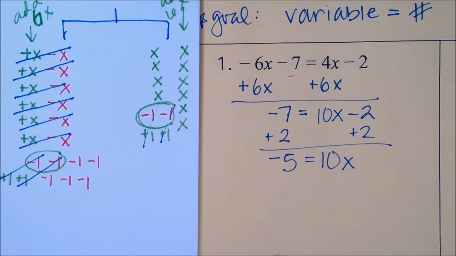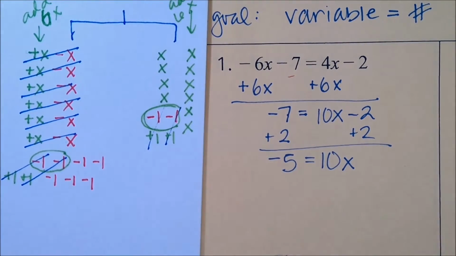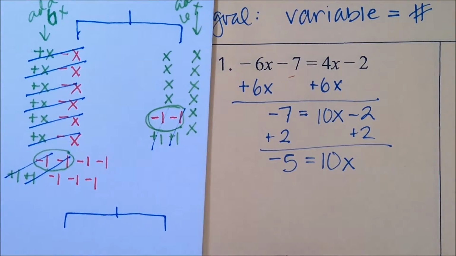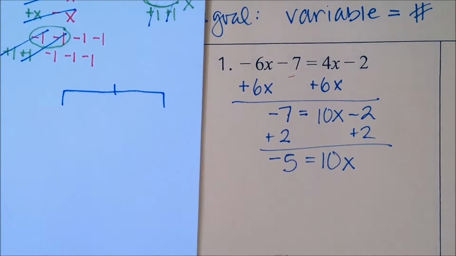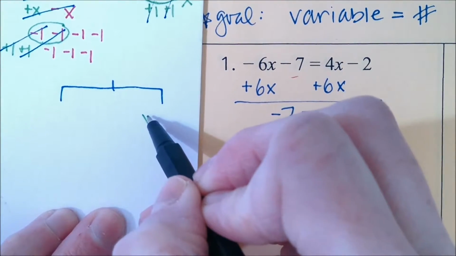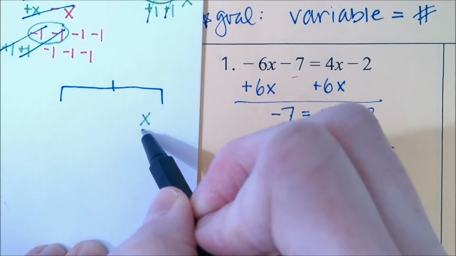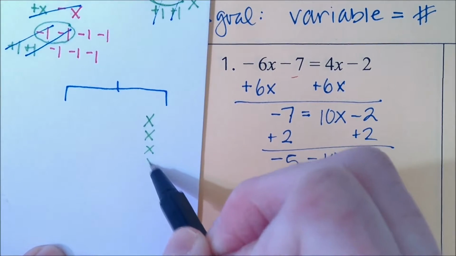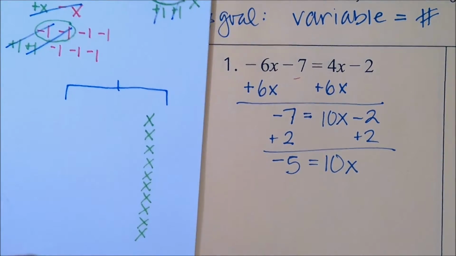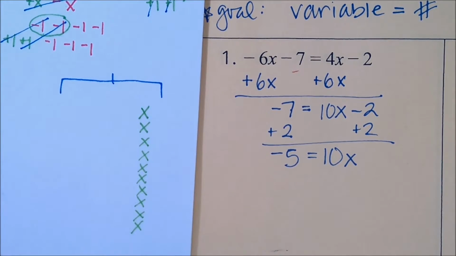So our last part, I'm actually going to redraw this just so that you can see a little more clearly. So over here, I've got 10 x's, and on the left side, I have 5 negatives.